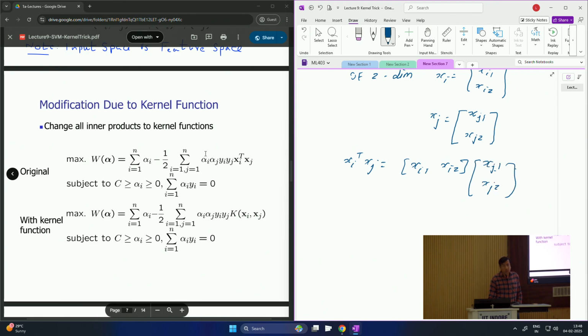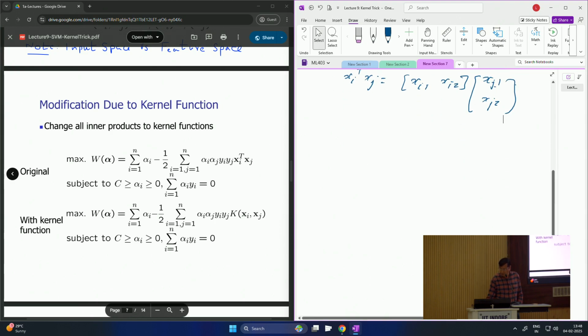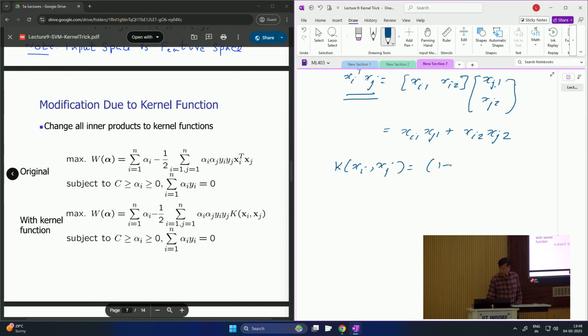I and j both are going from 1 to n, so that remains in the summation. I'm just working out inside the summation. So this will be xi1 xj1 plus xi2 xj2, correct? Now we say we're going to replace this with a different kernel function, which is K of xi, xj equal to 1 plus xi transpose xj square. We are doing something more. Why this kernel function has come, I'll tell you later.